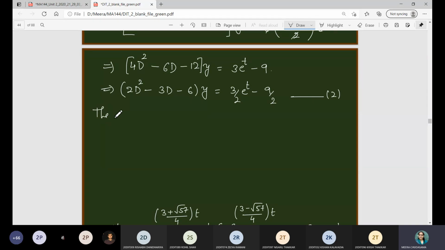So the auxiliary equation of 2 is 2m square minus 3m minus 6 is equal to 0, right?